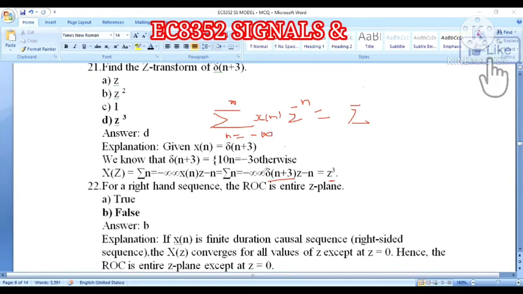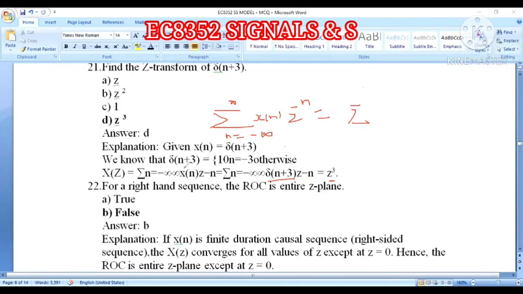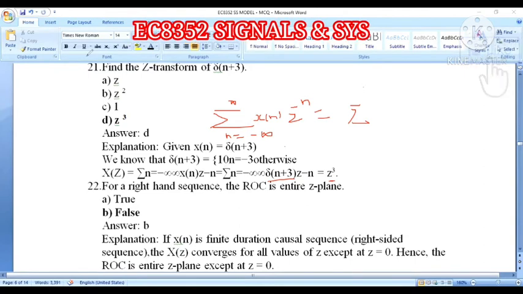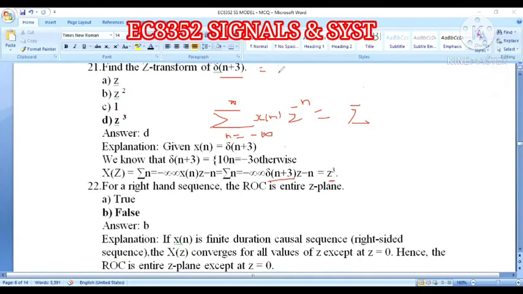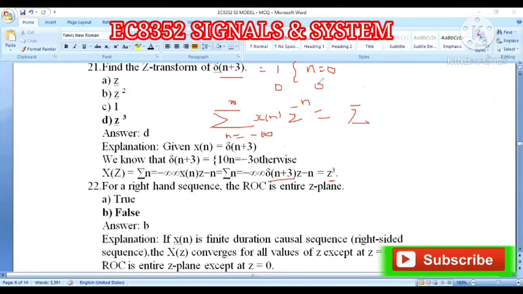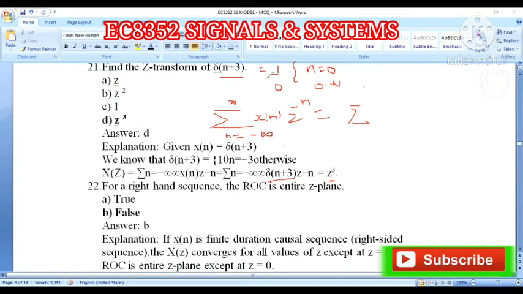So the given term is del of n plus 3. You know the definition of this one: del of n plus 3 is equal to 1 for n equal to minus 3. You have to find the condition. When the condition is satisfied, your answer becomes 1, otherwise it is 0. So it satisfies this condition only in this case.